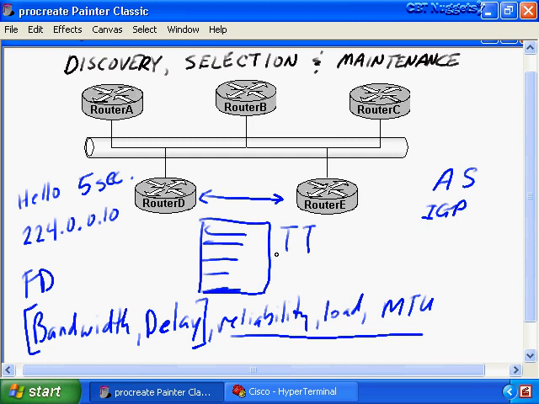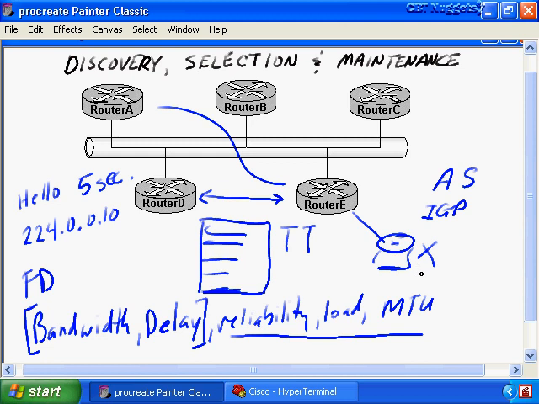So the metric that the router actually will use will be the sum of the best metric that's advertised by each neighbor and the cost to reach that best neighbor router. For example, from router A to router X over here.